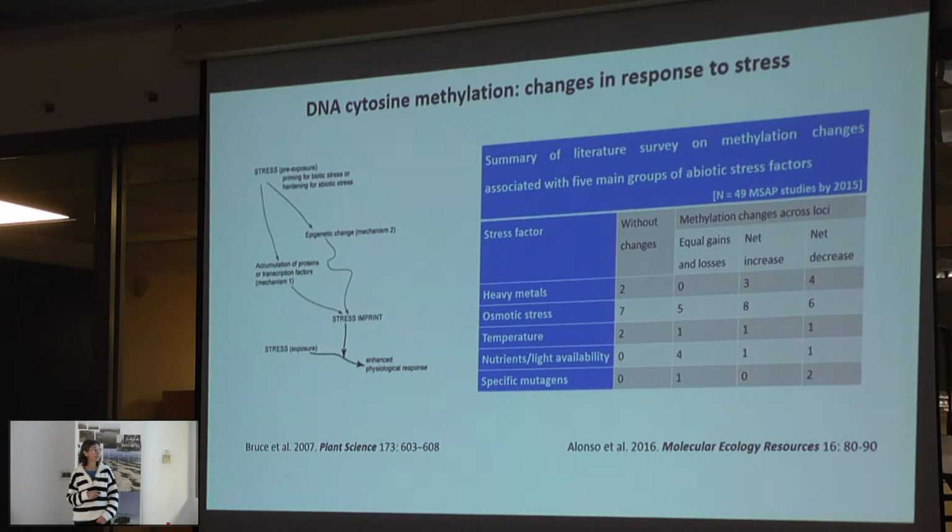In some studies they found no changes, in some equal gains and losses of methylation, and in others there was a net increase or a net decrease for the same stress, depending on the experimental procedure, the species, and so on. And we will pay attention for the rest of the talk to drought stress that is included here. So you can see more studies address this, and it is very variable across species or experiments or studies.